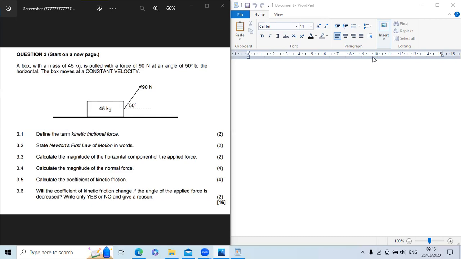You're gonna say if a net force is applied on an object, the object is gonna accelerate, and that acceleration is directly proportional to the net force and inversely proportional to the mass of the object. So Kyle, your definition was correct.